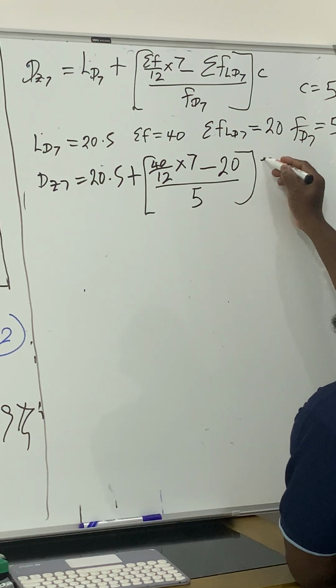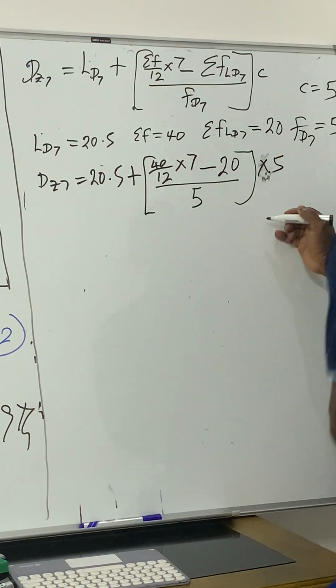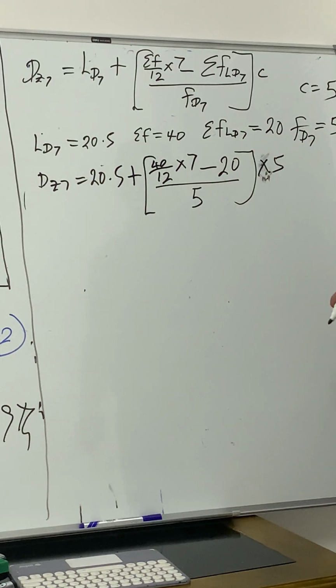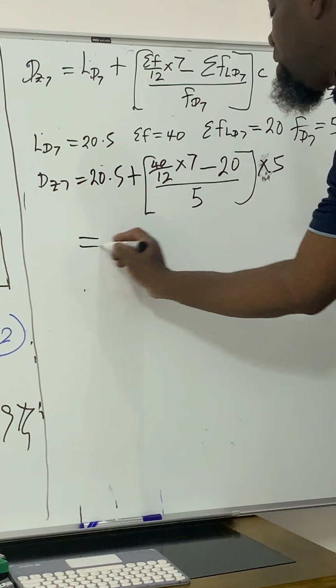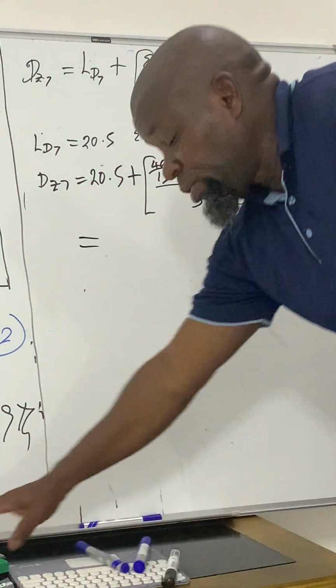Class interval is also 5, so you multiply by 5. But this 5 can cancel this 5. So you can use the calculator to bring the entire result out.